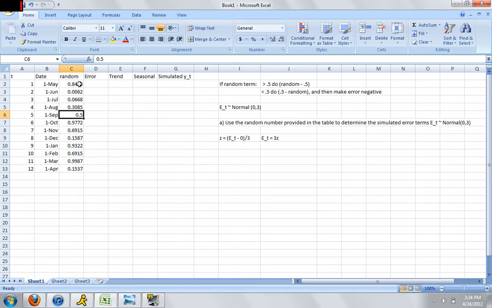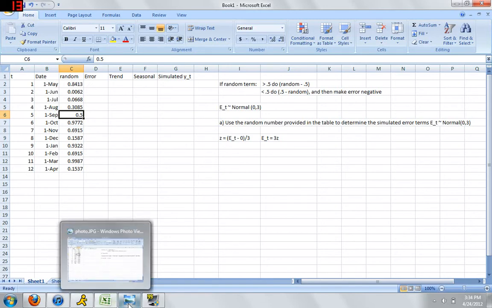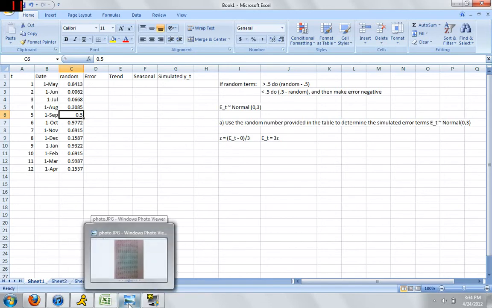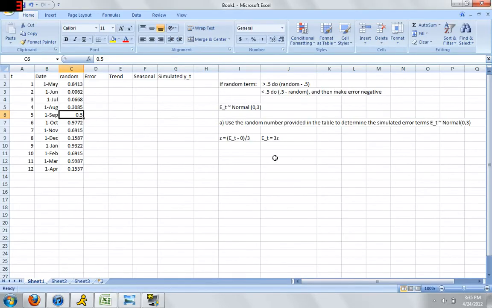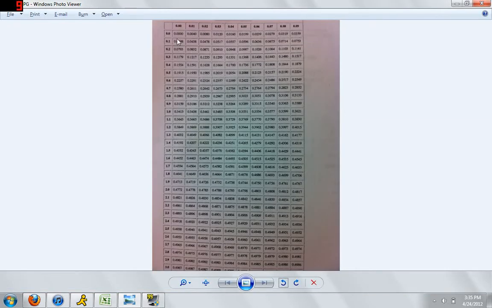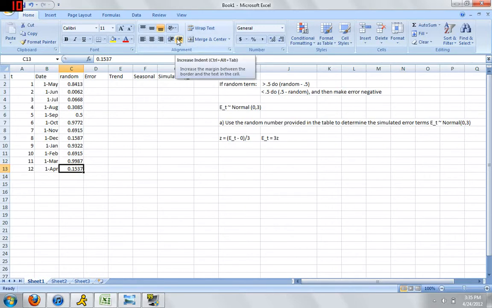So you can use the given chart that Maxwell gives you of the z values in order to actually find your error terms. So first, let's start with the fact that your error terms are equal to 3 times the z value. You use these random terms right here plugged into this table right here to find the actual z values.